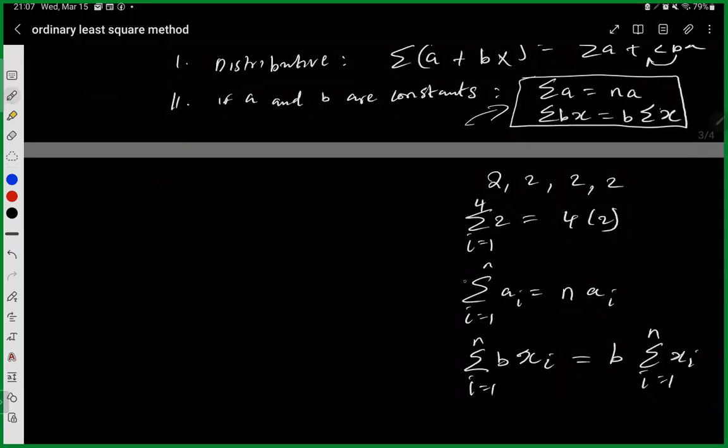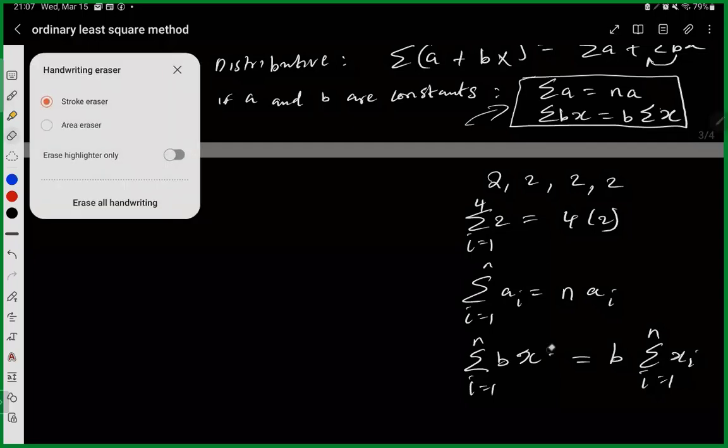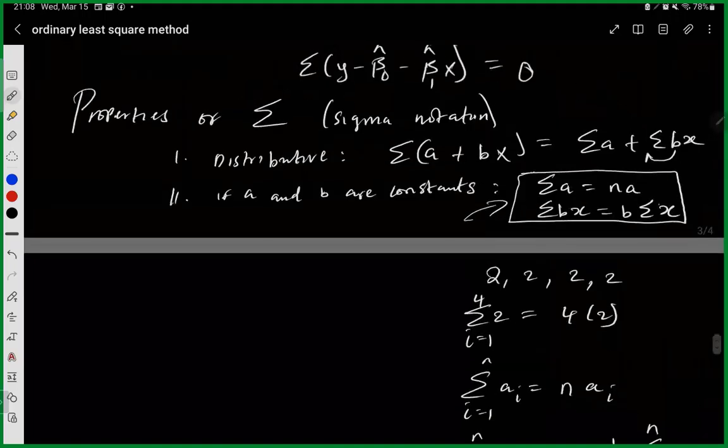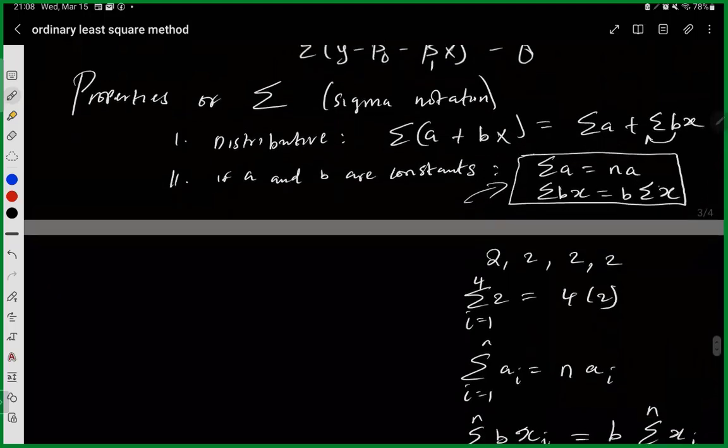I just want you to get used to some of these notations. These are subscripts, they mean the same. Subscript i there. So those are the properties of the sigma notation.